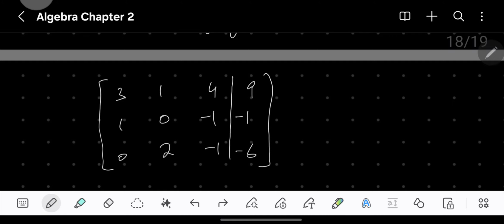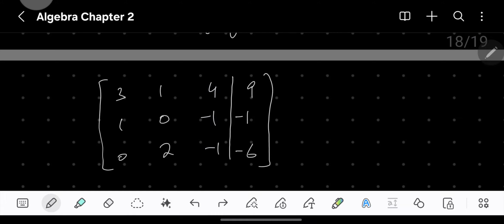So the rough idea is, first of all, we have to find the leftmost non-zero column. Here the leftmost non-zero column is this one, and this column is called the pivot column. The next step is to check whether the topmost entry is 0 or non-zero. If it is non-zero, then it's okay. Since this is already non-zero, we will go to the next step.